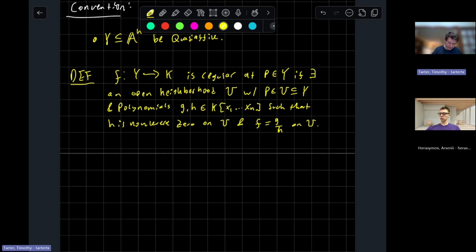And so as an extension of this definition, f is regular on Y if it is regular for every P in Y. Now, the thing that's important that I'm not saying here is that it doesn't have to be the same two functions, g and h, at every other point in Y. We can find different open subsets where we have two functions which agree that make f regular in that open neighborhood.